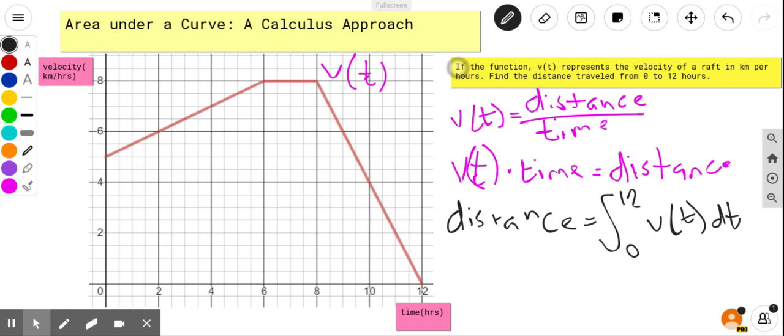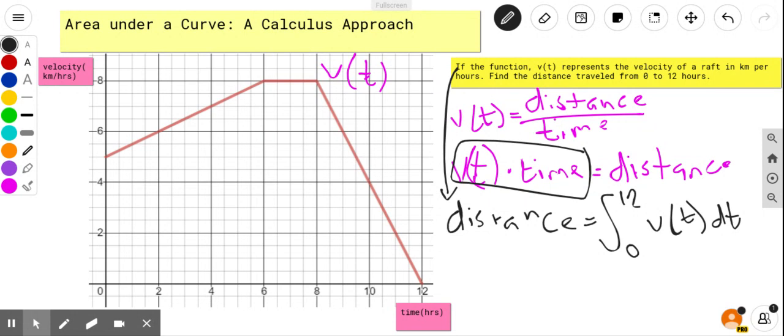So that's what this is asking me to find. And the way I'm going to do it is by, since I don't have an equation, just take the velocities multiplied by time. In the last video, I was talking about making rectangles. Because usually if we can make rectangles, they're very easy to find.